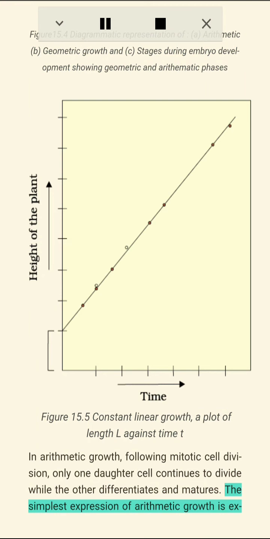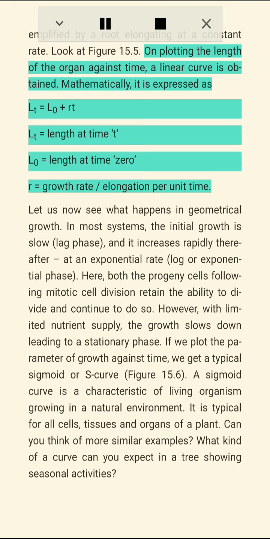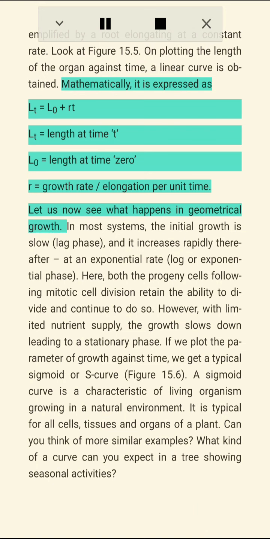The simplest expression of arithmetic growth is exemplified by a root elongating at a constant rate. Look at Figure 15.5. On plotting the length of the organ against time, a linear curve is obtained. Mathematically, it is expressed as Lt = L0 + rt. Lt equals length at time t, L0 equals length at time 0, r equals growth rate, elongation per unit time.